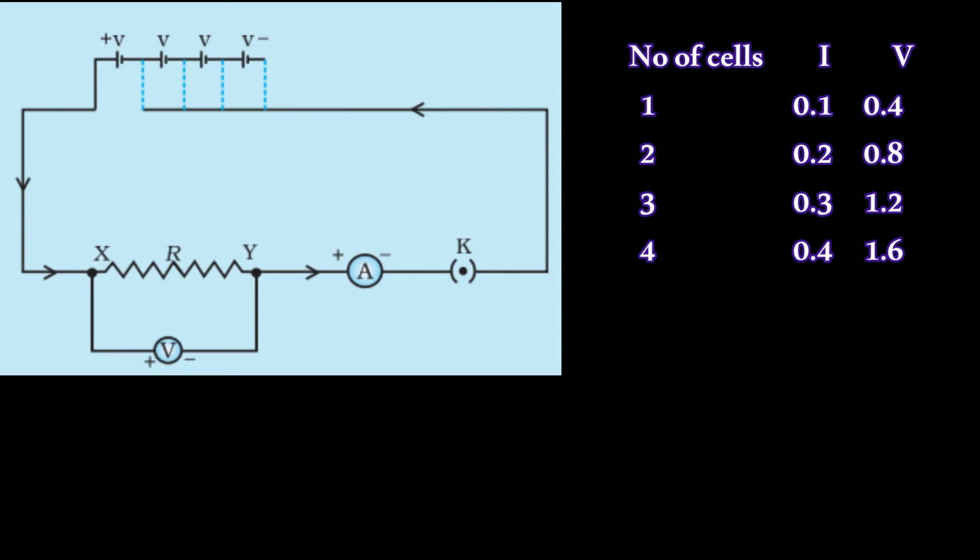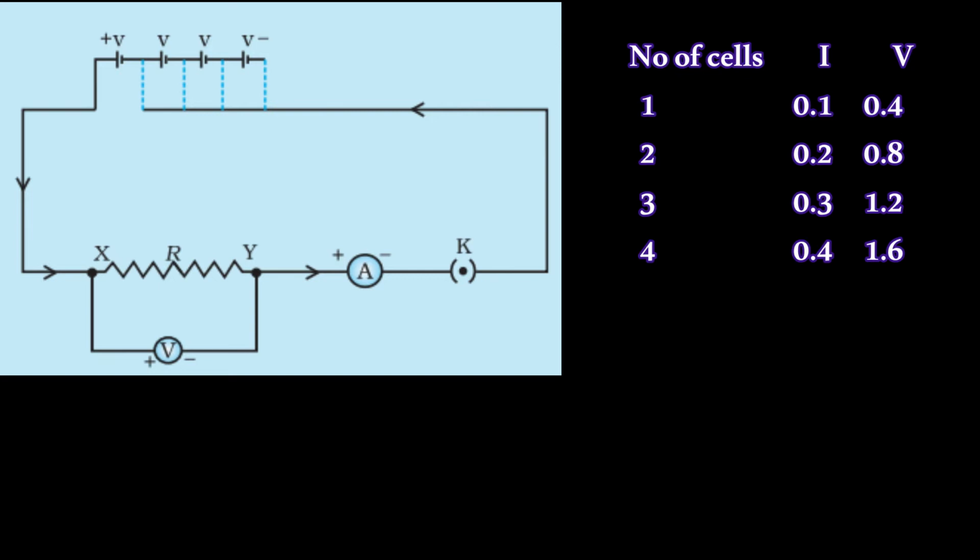Again I'll repeat the same steps using 3 cells. That is, the voltage will be 1.2 because I'm taking 3 cells, each containing 0.4 volt, and the reading of I is 0.3. Again I repeat it for 4 cells, and the readings are given here.